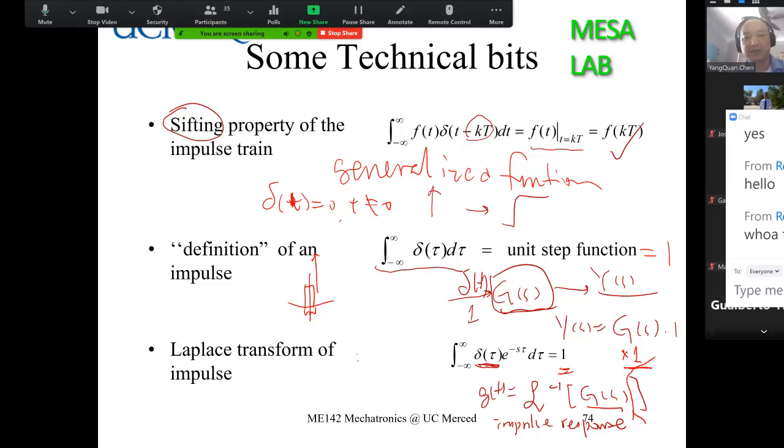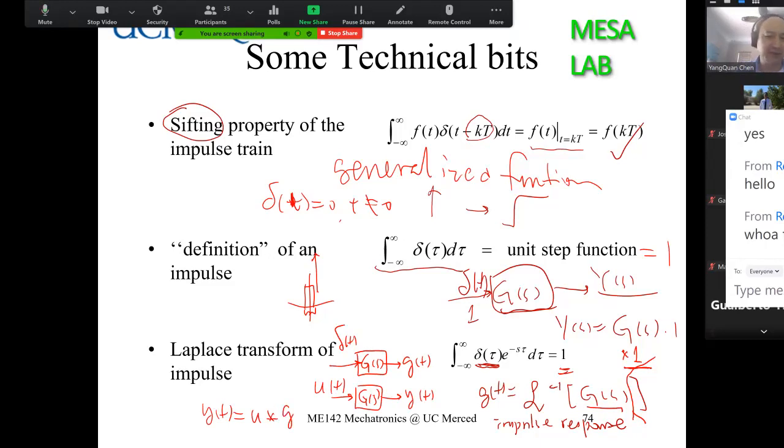So it's something like this. You have G of s, you put a delta t in here. What's the output? Output is g of t. It's the impulse response. Now say you have the same system, and I'm going to put an arbitrary u of t in here. Then my output is y. So what is y? Y is u convolved with g.